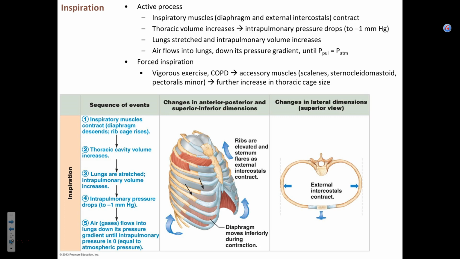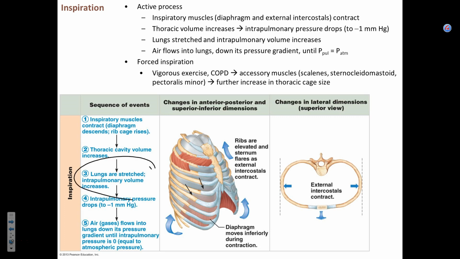Inspiration. This is, like, seriously, super simple. The main inspiratory muscle is the diaphragm. Contraction of the diaphragm increases the volume of the thoracic cavity. Air gets in.